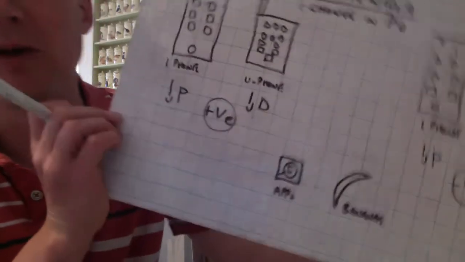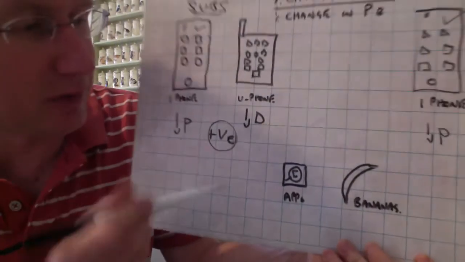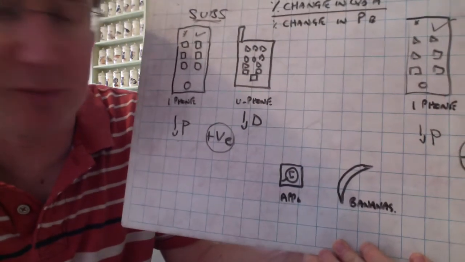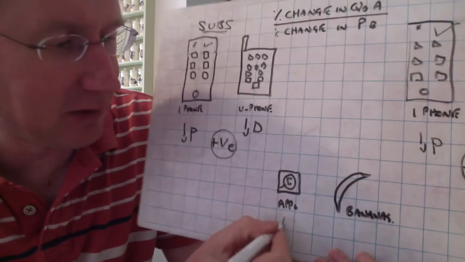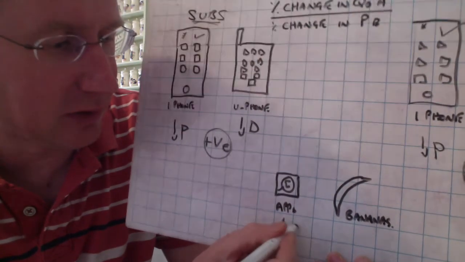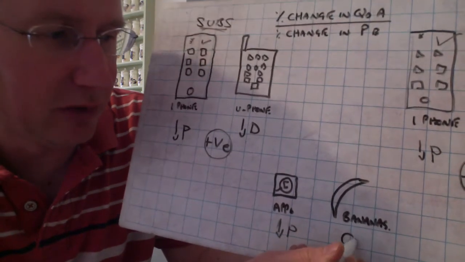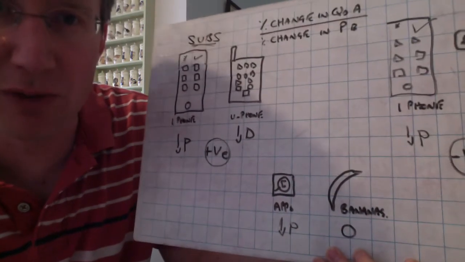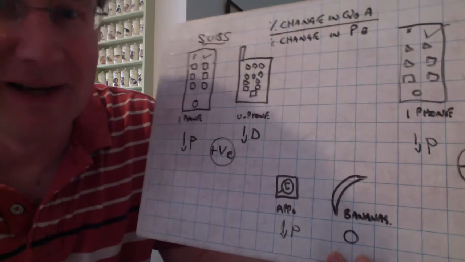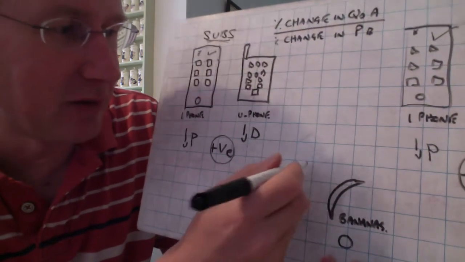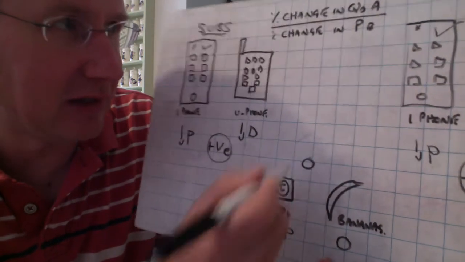Finally, our last relationship at the bottom here might be between the price of apps and the demand for bananas. If there is a decrease in the price of iPhone apps, then I think we can all be reasonably content that there'll be no impact at all on the demand for bananas. Therefore, the cross-elasticity of demand in this case is zero.